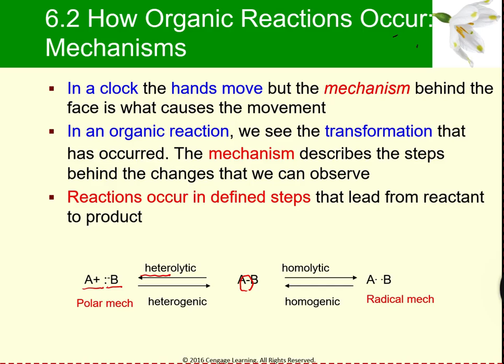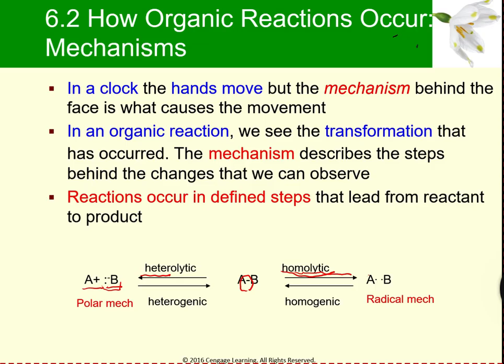But if you break this bond by dividing the two electrons equally, then we call it homolytic. That means each of these two electrons goes to each atom, A and B, right? That's the way to break the bond. So when you break the bond, it could be heterolytic, like this, or it could be homolytic.